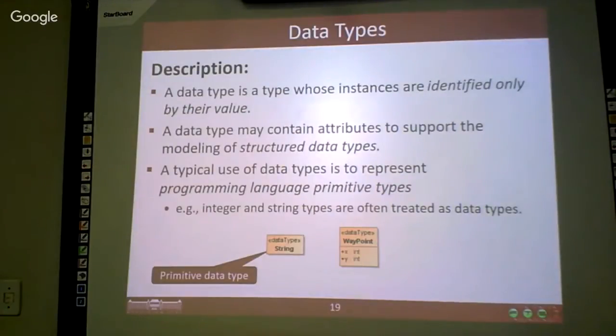So, for example, regarding people, even though maybe there are some other people that have the same height as me, we are not identical. So we can make a difference. So data types are just identified by their value. And the data type may contain attributes to support the modeling of structured data types.